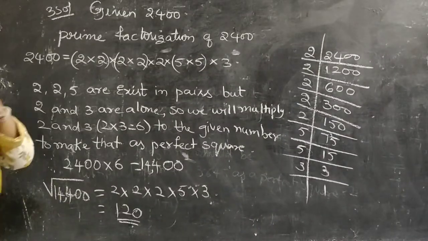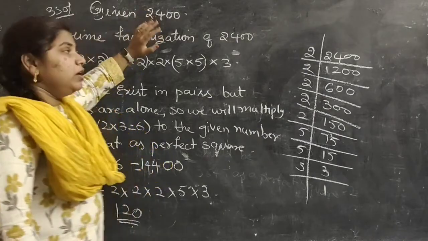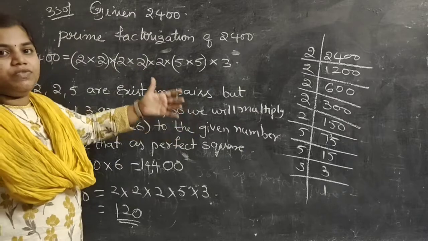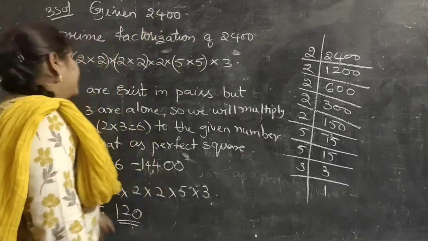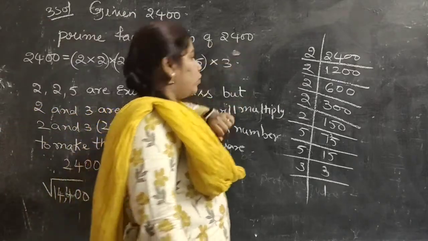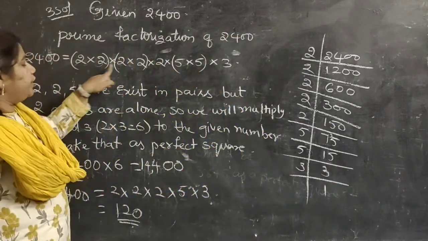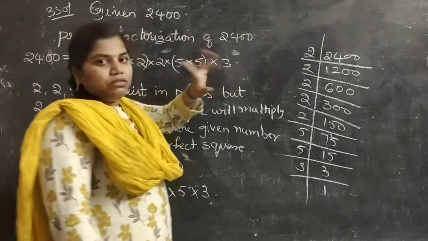Once again see this. They have given the number as 2,400. They told us to find which smallest number we have to multiply to this number to make it a perfect square. So first we are doing the prime factorization of 2,400. That is 2 into 2 into 2 into 2, five 2s are there, and two 5s and one 3.